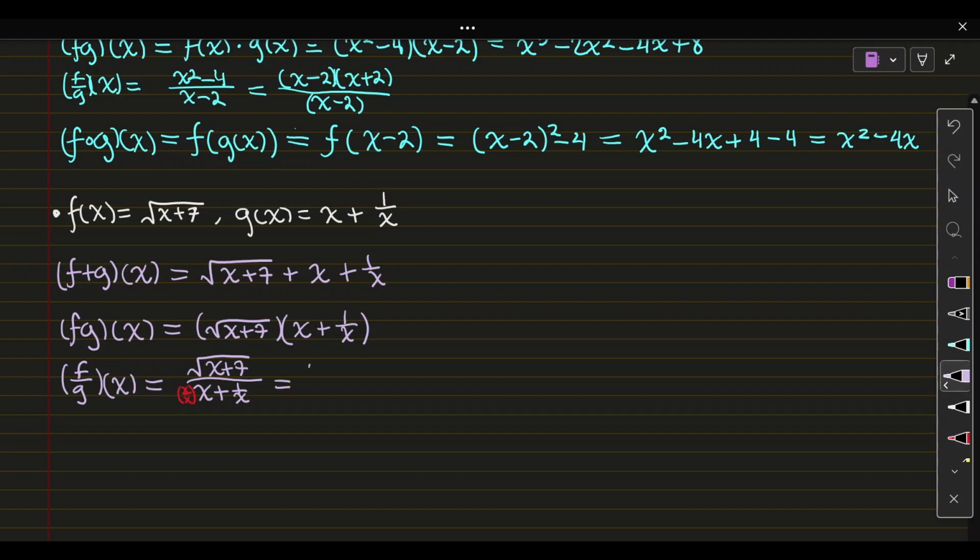This gives me the square root of x plus 7 over x squared plus 1 over x. Keep, change, flip: x times the square root of x plus 7 over x squared plus 1. Okay, that's f over g of x. And then f compose g of x.